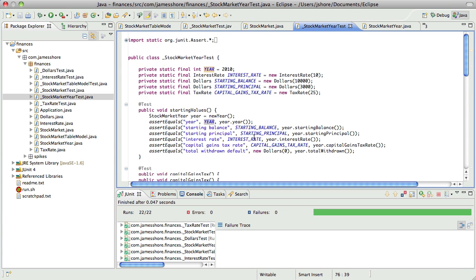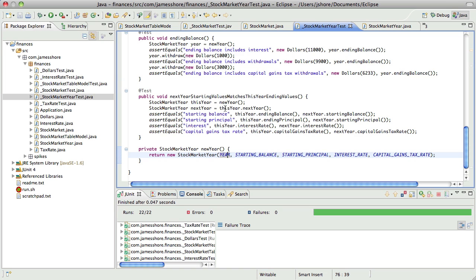Okay. And then we want to make sure that next year's starting values matches this year's ending values.